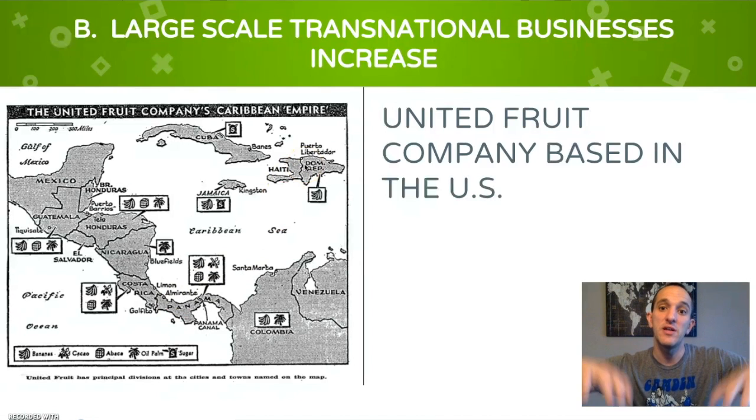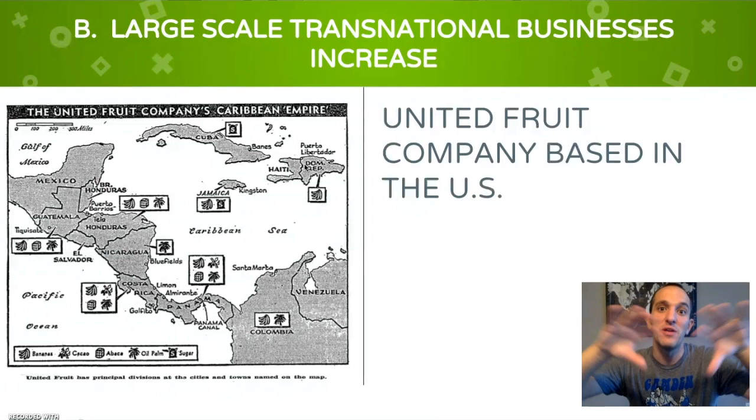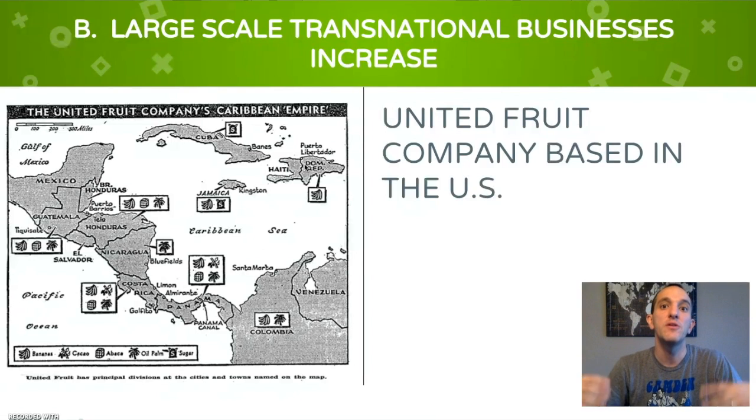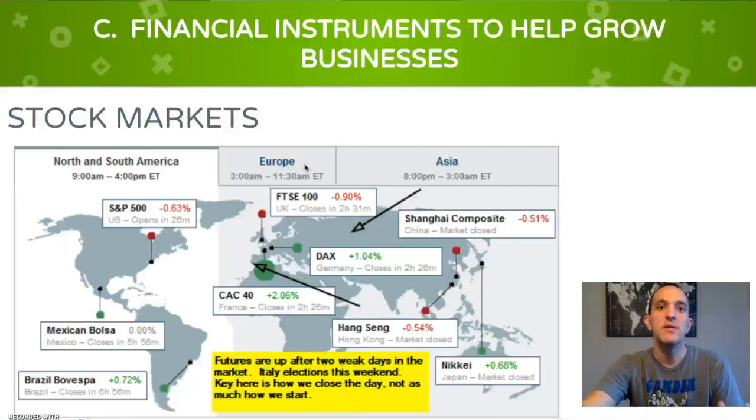So this company itself, which is based in the United States, really has its tentacles all throughout Latin America. And when they buy up this land and develop it for banana production, they also influence the governments there. So these businesses gain wealth, gain power, and then sell their bananas, for example, the United Fruit Company, throughout the world. So it makes them a huge amount of money for something as simple as bananas that you wouldn't really think would be such a hugely profitable thing, but is.